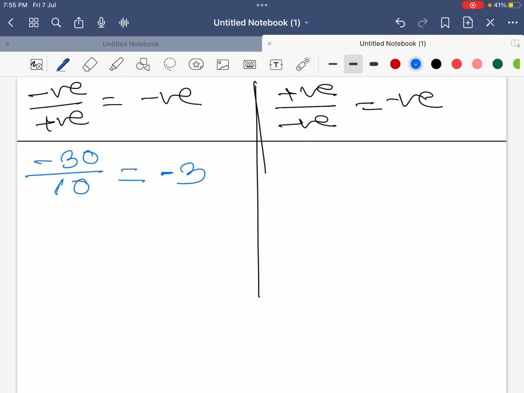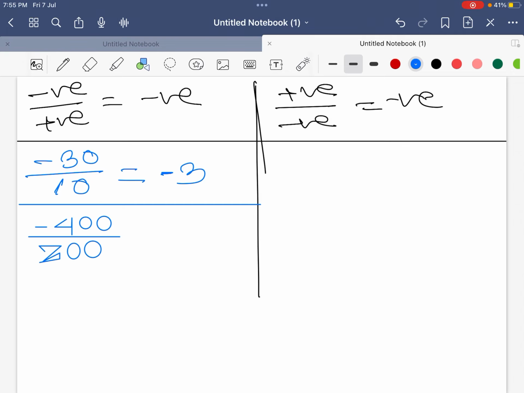Just write down another example, minus of 400 divided by 300.